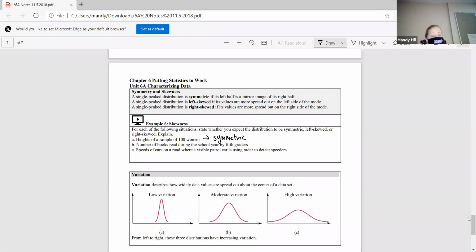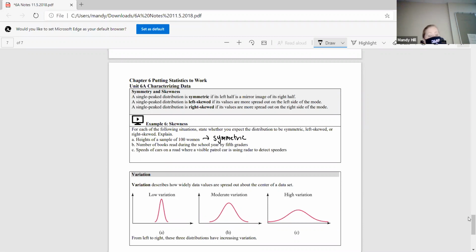Number of books read during the school year by fifth graders. Well, okay, I guess that one could depend. But what I would say is, is there a chance that there's some kind of reading during the summer? Probably not, but there might be a reading program during the school year where the kids are expected to meet a goal, right? You got to read this many books.